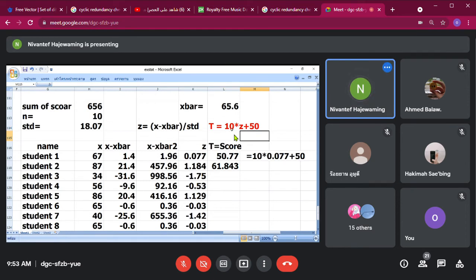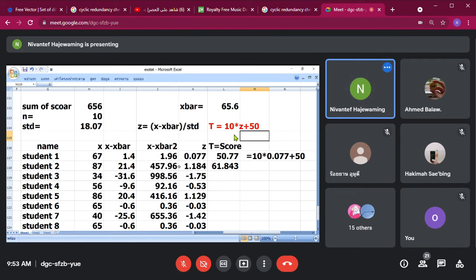You take 10, multiply by the Z, and add 50. It shows you that the student has a score of 67, but when you change to the T score, he or she got only 50, not 67. The T score means it is compared within your group.